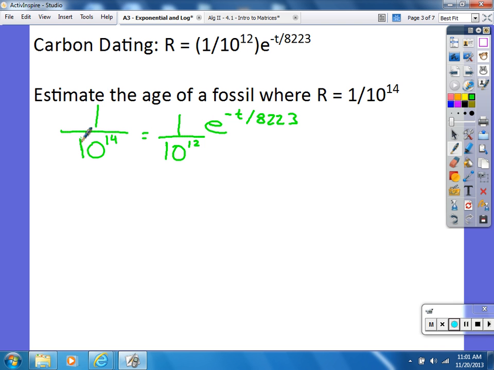So all I did was plug in R. I know this looks a little weird because I wrote this as an actual fraction, and then I wrote the other part right beside it. So far, okay?